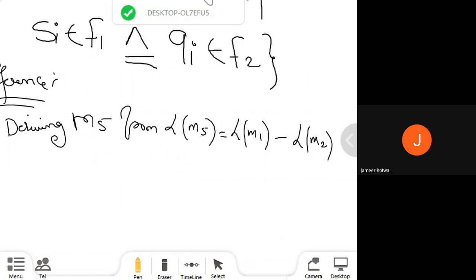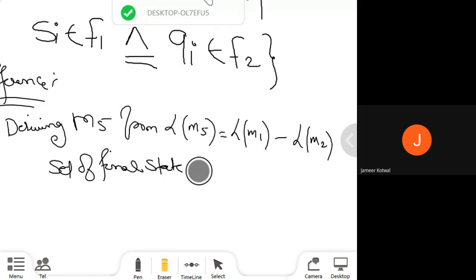So how basically can you define a difference? The set of final states, this all is related to the final states only. The set of final states F5 for machine 5. So what does it say?